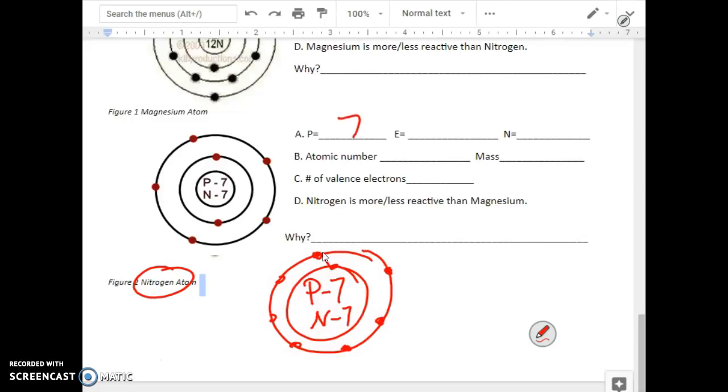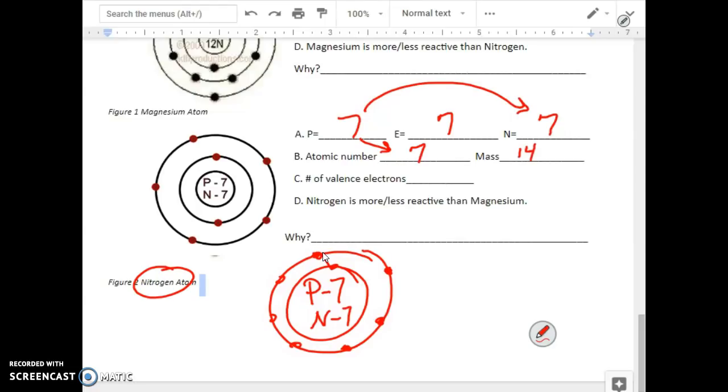So up here, we've got 7 protons, that's from the information in the atom. We have 7 electrons, and we have 7 neutrons, which means the atomic number for this atom is 7. It's going to be the same as the protons. The mass is going to be the protons plus the neutrons, so it would be 14.